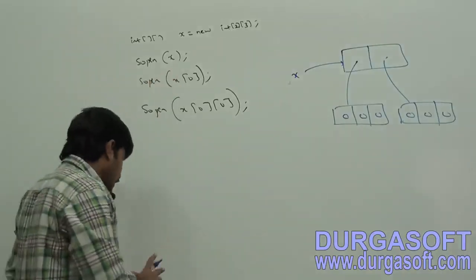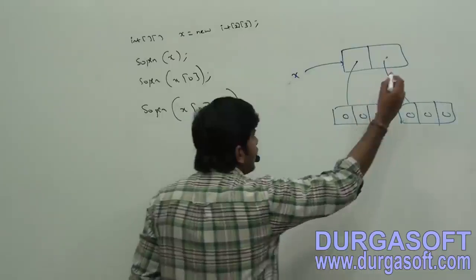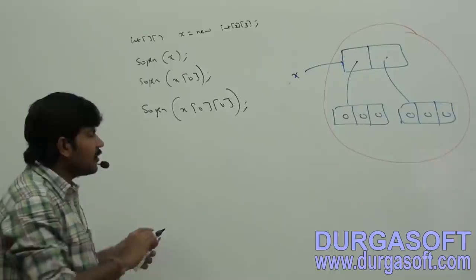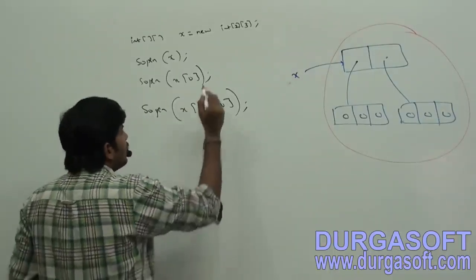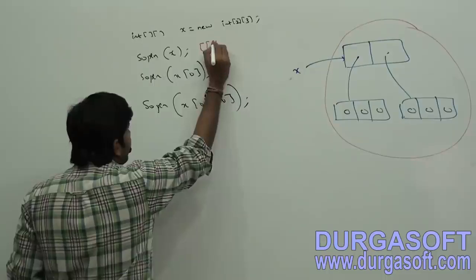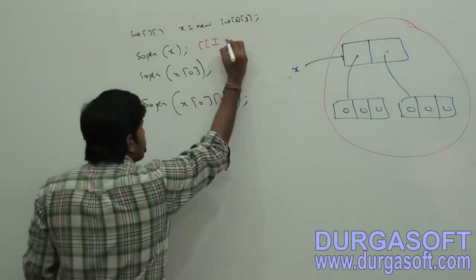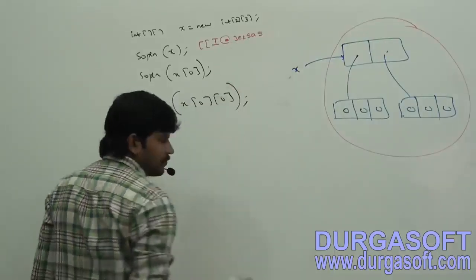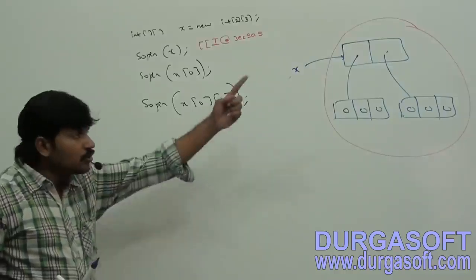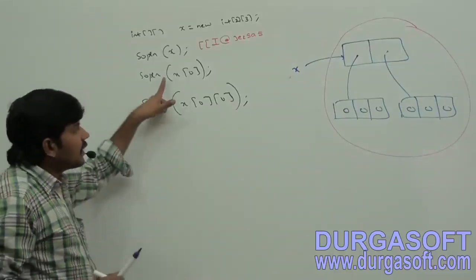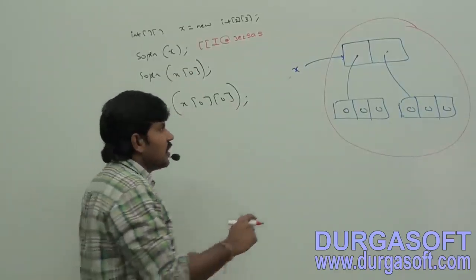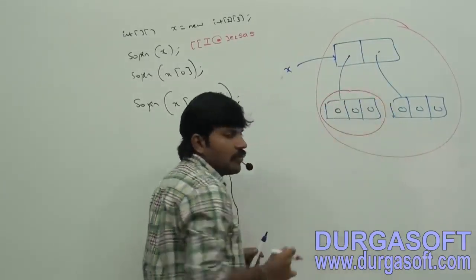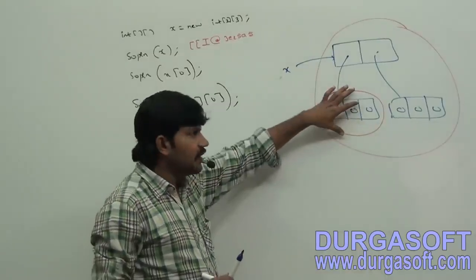SOP of x. Sir, what is x? x is a reference variable to a 2-dimensional array. That's why we get class name at the rate some hash code, like 3A25A5, some number, because x is a reference variable to a 2-dimensional array. Next, x of 0 is a reference variable to a one-dimensional array. The object is there, yes.